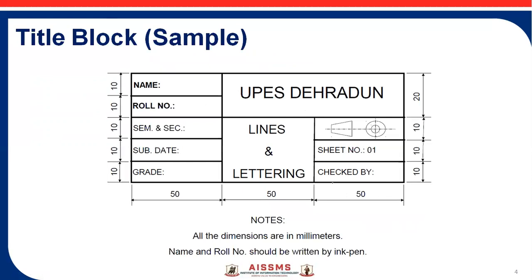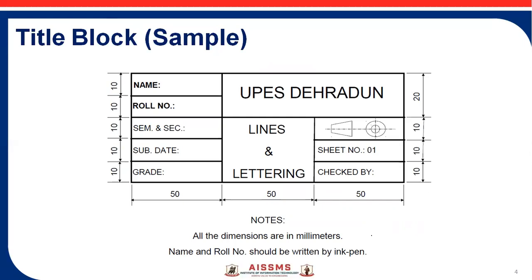In the next slide, you can see what exactly the title block will indicate. The title block will be the details of the owner of the drawing. If there is an academic drawing, then it has the name of the student, roll number, semester, section, the date of submission, the grade obtained, the sheet name, and the method of projection.